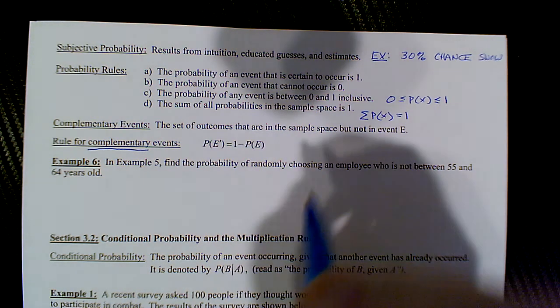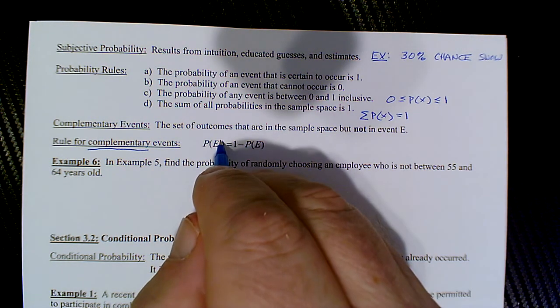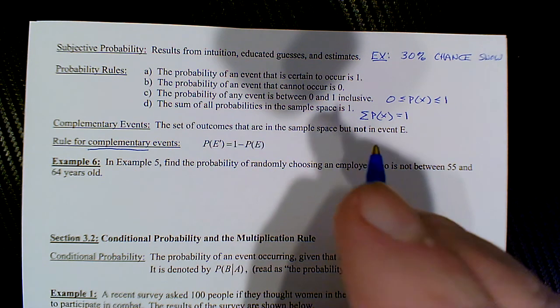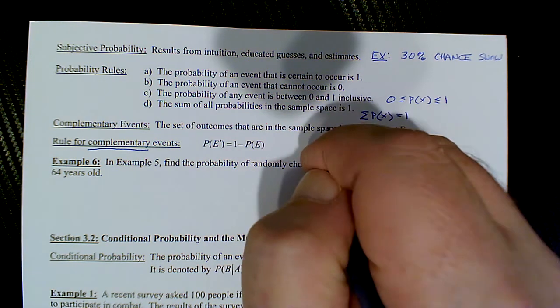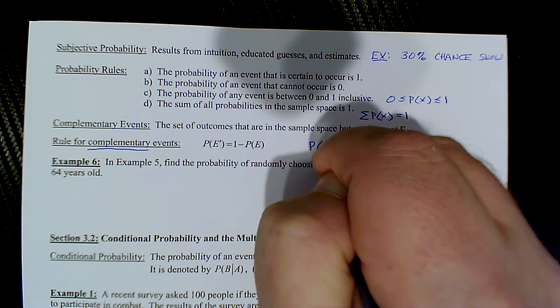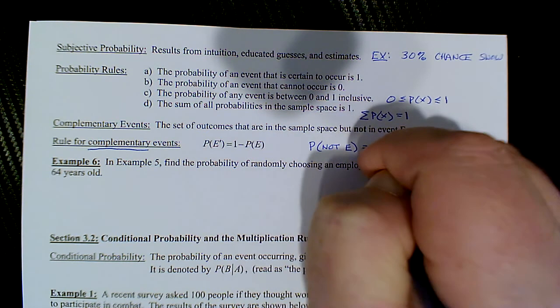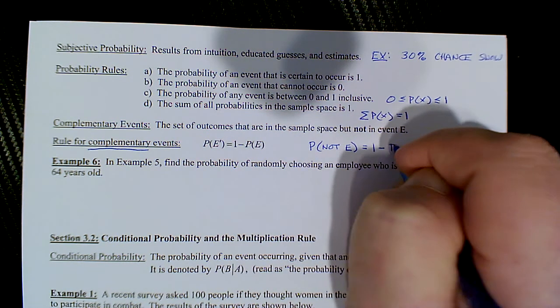And this is E with a little prime next to it. That's what's meant as E complement. Or you could also say the probability of not E is 1 minus the probability of E.